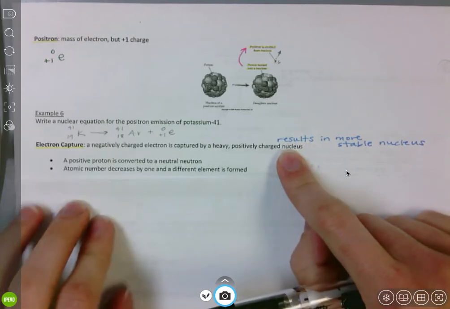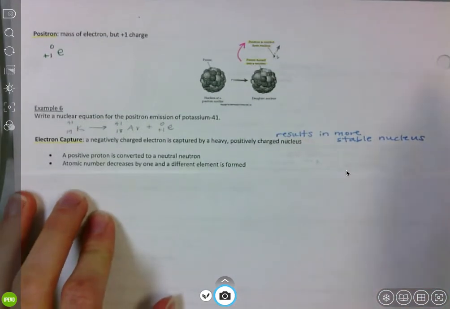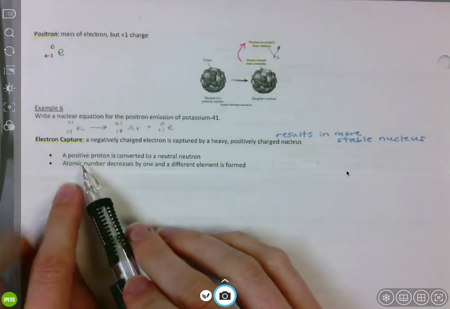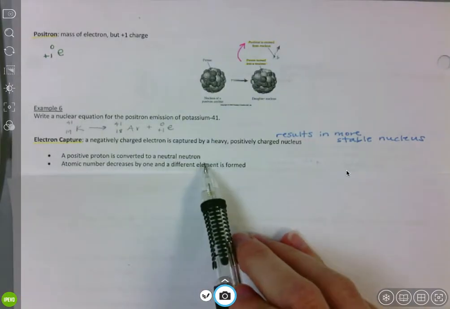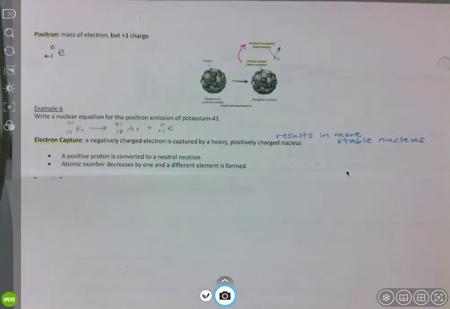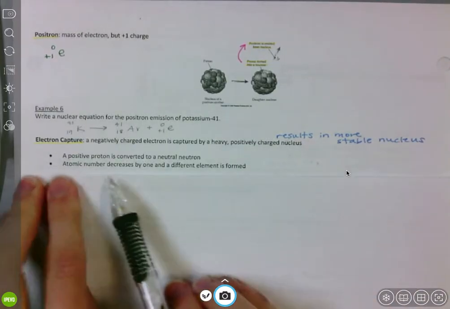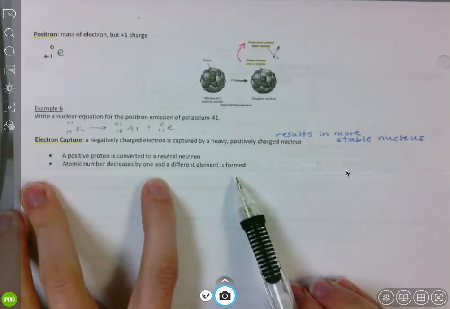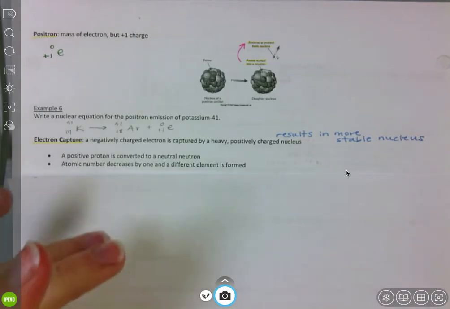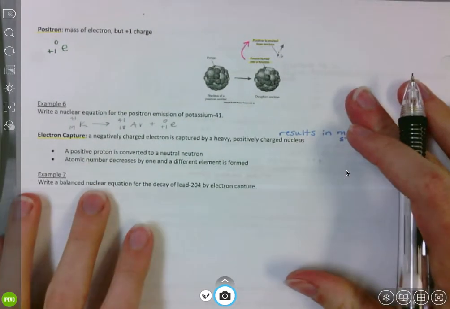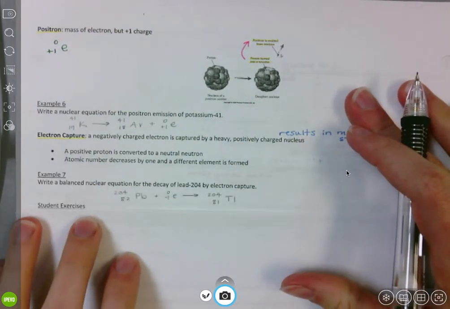So it's going to capture that electron in order to stabilize itself. In electron capture, a positive proton is converted to a neutral neutron. So we're going down in atomic number. Atomic number decreases by 1 and a different element is formed because the number of protons determines what element we're talking about.